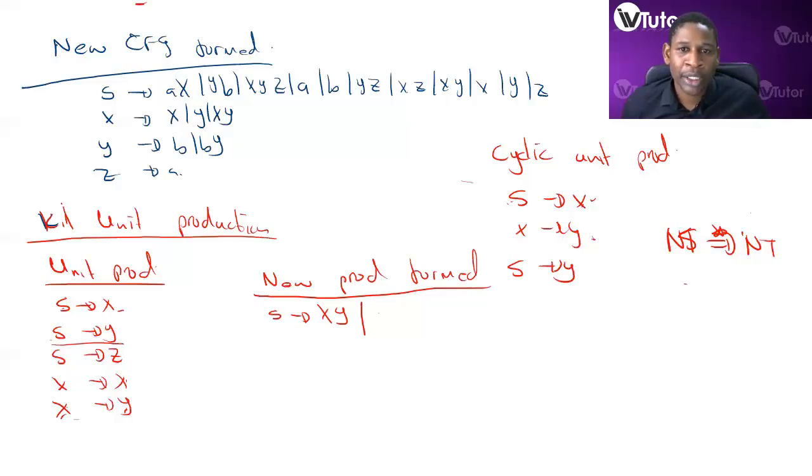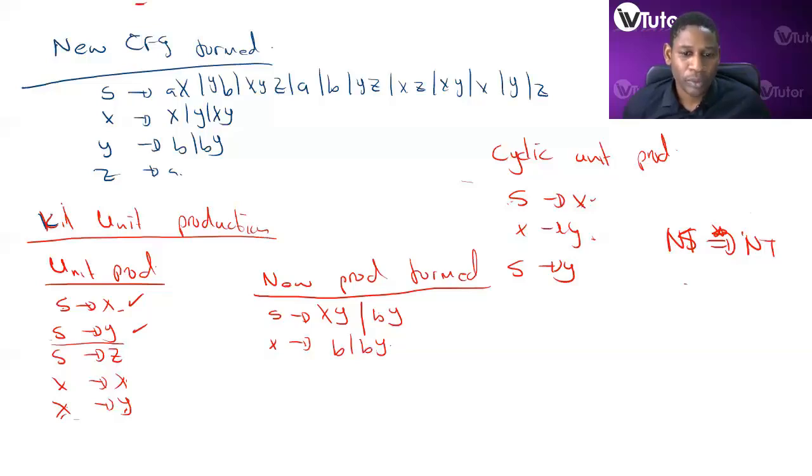So B is already there. What we don't have is BY. Right? So this is done. This is done. S goes to Z is going to go to A. It's already there. X going to X is already there. Right? No new production is formed there. X goes to Y. We're going to have X going to B, BY.